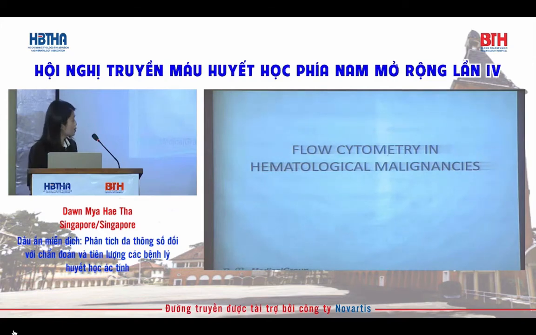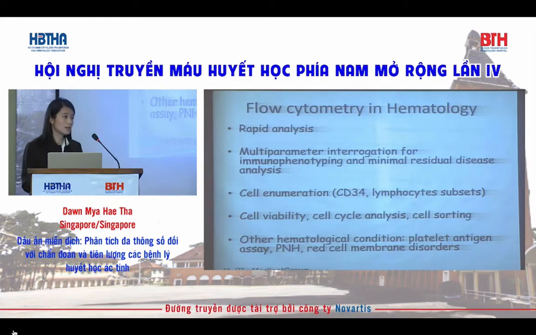Okay, so now we'll move on to the role of flow cytometry in hematological malignancies. So basically, it is a very rapid assay which can be performed in a matter of hours, and we can add as many parameters as we want to interrogate a sample by flow cytometry for the immunophenotyping at diagnosis, as well as minimal residual disease assessment.